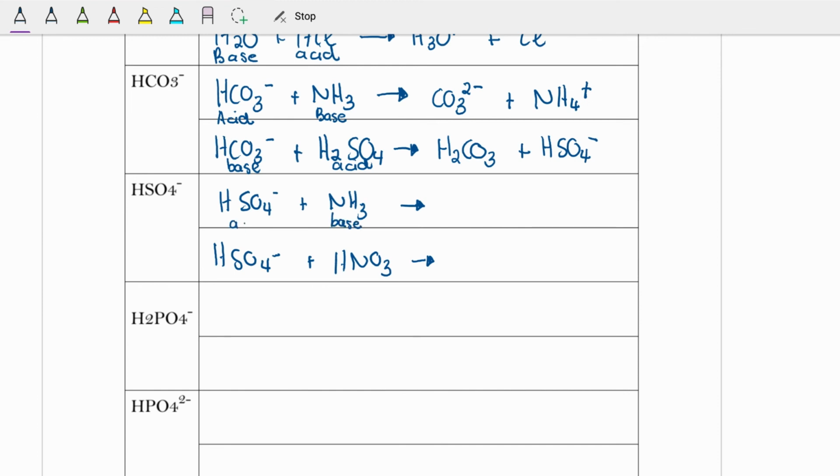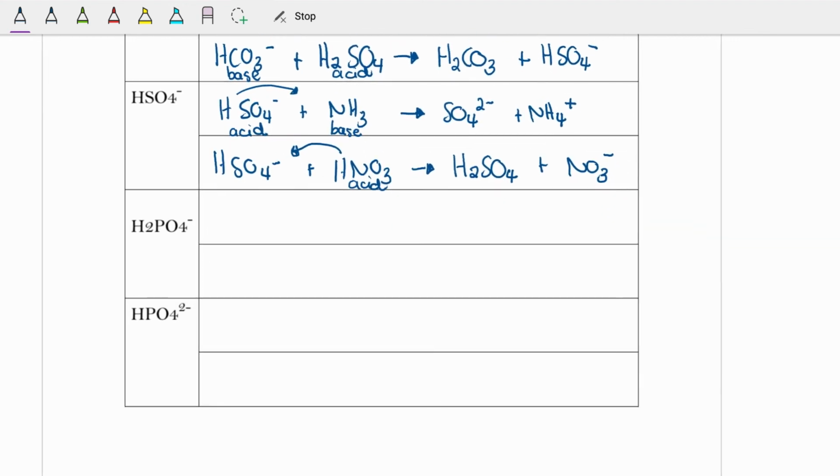This will act as an acid, so it's going to donate a proton to become SO4 2 minus, and you will have ammonium. If you look at the nitric acid, in this case it will donate its proton, so it will become HSO4 minus plus NO3 minus, a nitrate ion.